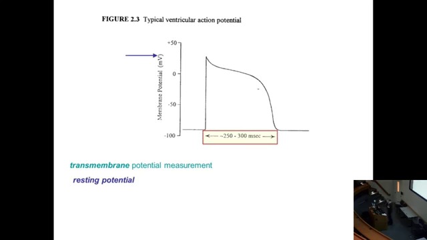However, you will note that unlike a skeletal muscle action potential or a neural action potential, which is like 1 or 2 milliseconds long, this one is 250 to 300 milliseconds long. And the reason is because of this long plateau phase that you see right here.